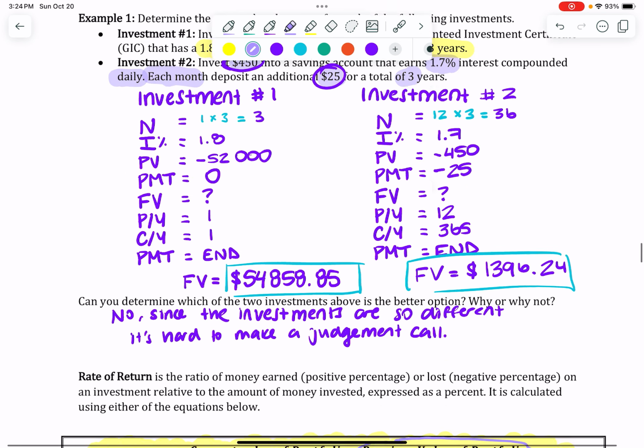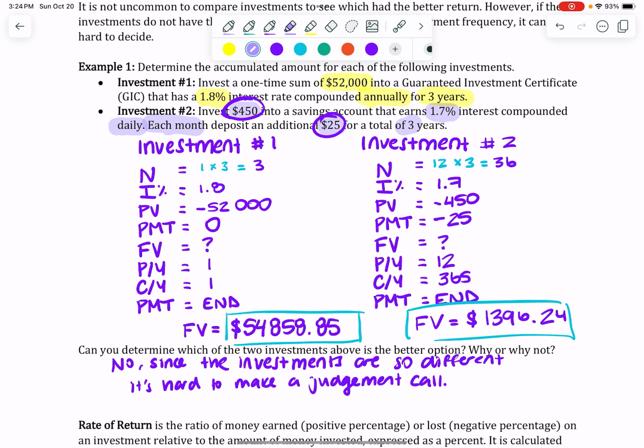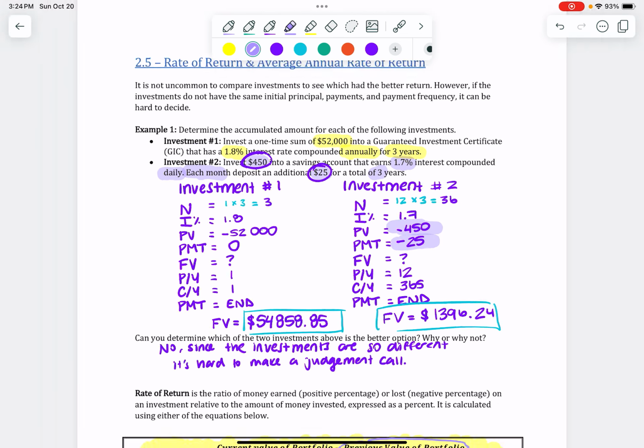In example 1 or investment 1 from above, I invested one time, $52,000. That's my previous value of my portfolio. But investment 2, it could be a little bit more complex. In investment 2, I didn't just invest once. I invested once of $450, but then I made a repeated investment of $25.